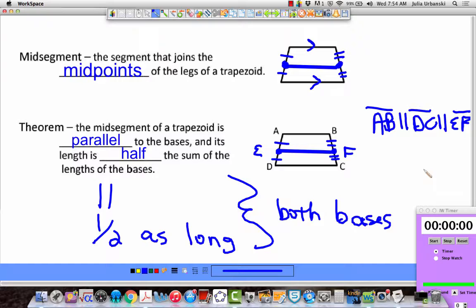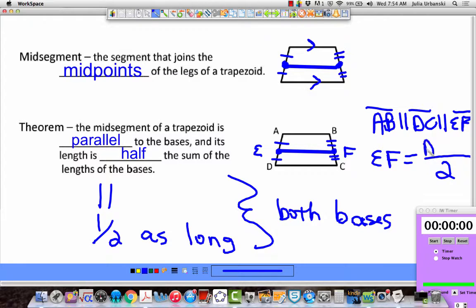Now this formula I'm going to give you next is extremely important. It's with letters. You'll eventually do it just with numbers, but this segment EF, the midsegment, the one that's in the middle, does not get divided by 2. That's the answer. It's equal to the other two bases divided by 2. What are my two bases?